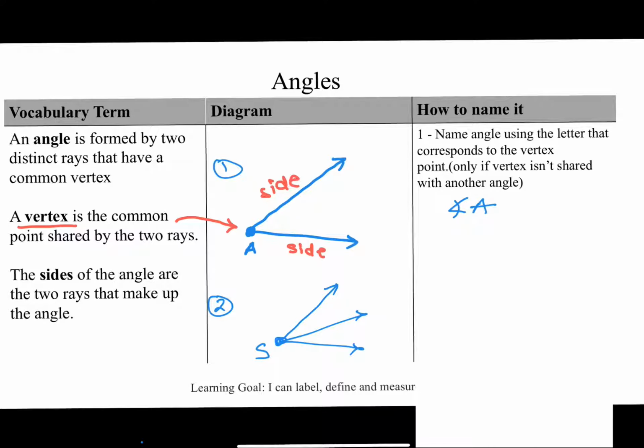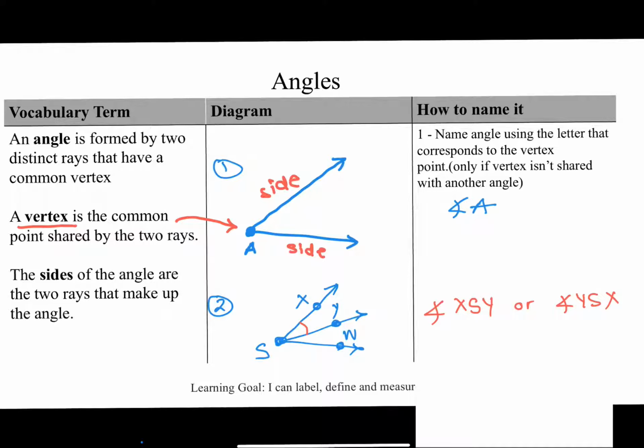So to avoid this problem, we're going to label a few more points on our angle. And if you recall, you can name these points whatever you'd like. And now I can name each of these two angles something different. So for this red angle, I can use the 3 points as long as the vertex S is the letter in the middle. So for our red angle, we can call that angle XSY, or we could also call it YSX, again, as long as your vertex is in the middle.